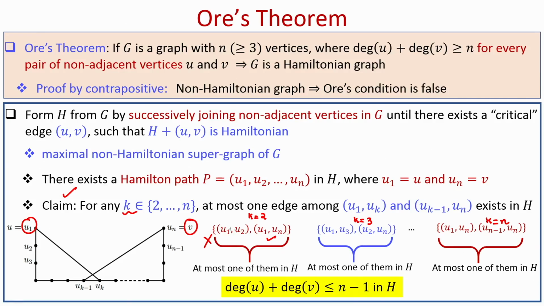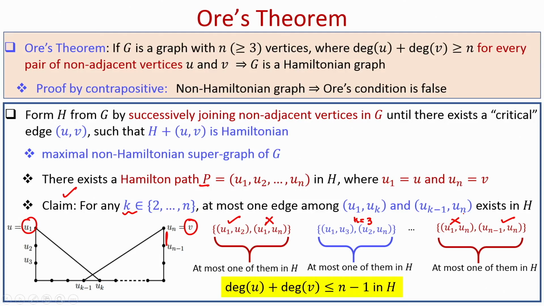So, for instance, I know definitely the edge between u1 and u2 is there, because that is why the Hamiltonian path P is there. That means the edge between un and u2 is not there. And similarly, I know that the edge between un and un minus 1 is there, because that is part of the Hamiltonian path. That means the edge between u1 and un is not there.